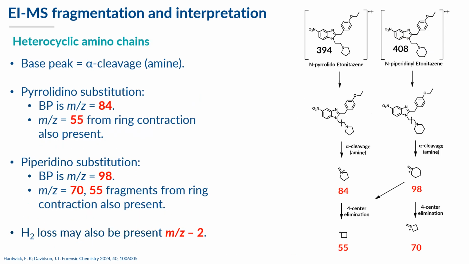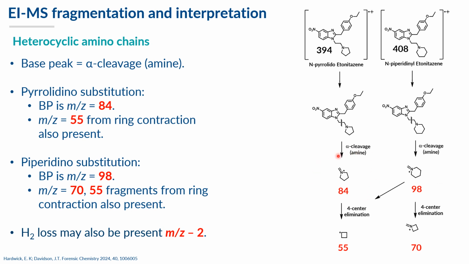The heterocyclic amino substituents fragment the same way, with the alpha cleavage resulting in the iminium ion base peak. Now, pyrrolidino analogs will form a base peak of 84 with this pyrrolidino iminium ion, and piperidinyl analogs will form a base peak of 98 with this piperidinyl iminium ion.